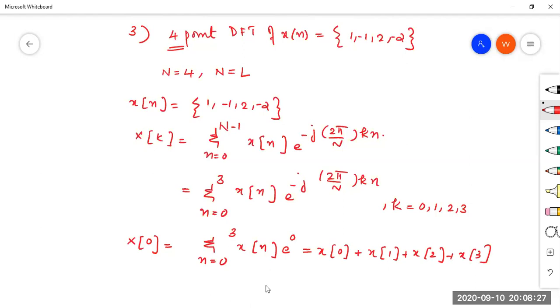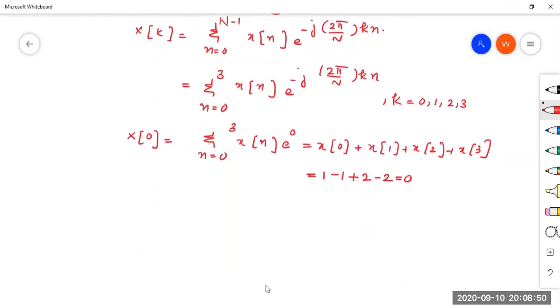Now what is x of 0? So x of 0 is equal to 1. X of 1, you can see it is minus 1. X of 2 is 2. X of 3 is minus 2. So 1 minus 1 plus 2 minus 2 is equal to 0.